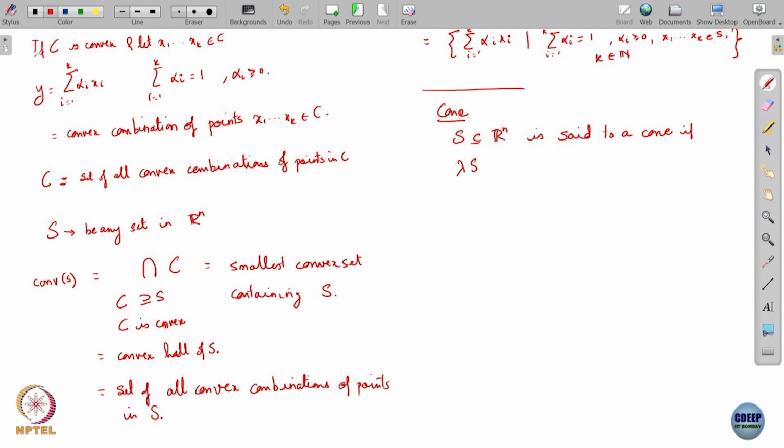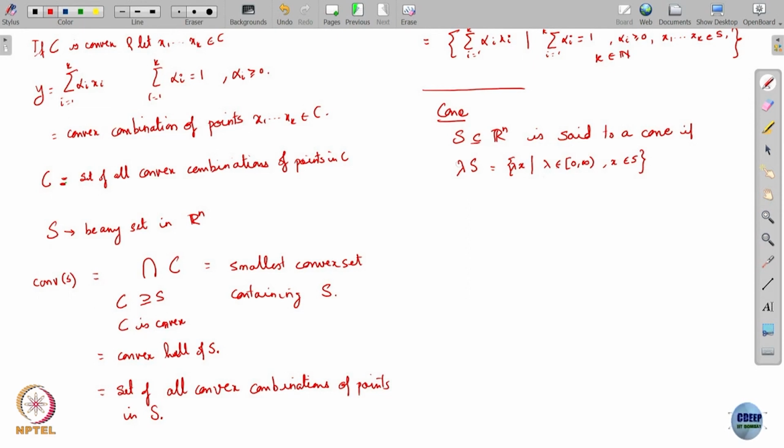So, take lambda times S. What this is essentially is I am taking every vector x in the set and scaling it with lambda. But then I am going to scale it with a non-negative lambda. So, lambda times S is just the set S magnified or shrunk by a factor lambda, right. So, every vector x has been just multiplied by a scalar lambda.